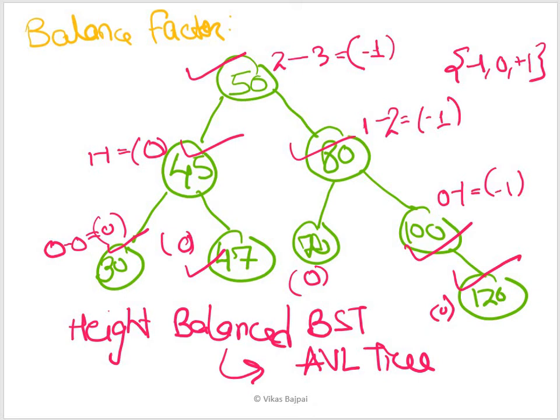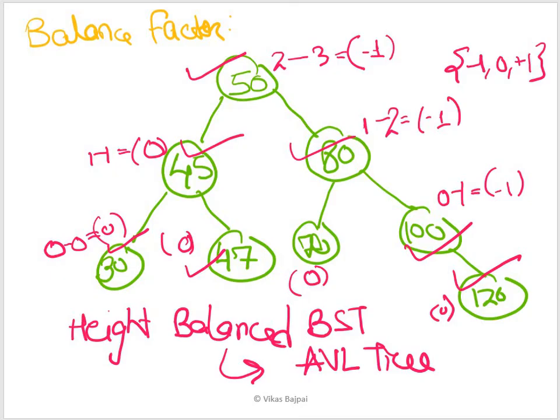And if you identify that for every node the balance factor is either -1, 0 or +1, then I'm good to declare that this particular BST or binary tree is a height balanced binary search tree, which is nothing but your AVL tree.